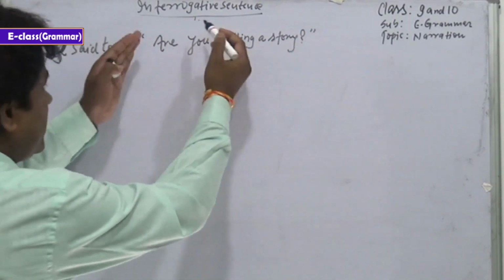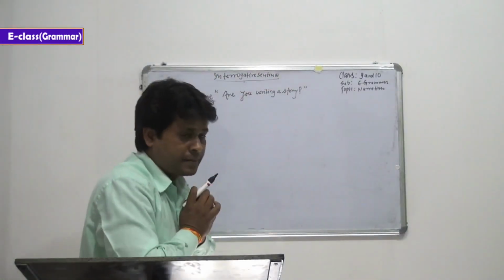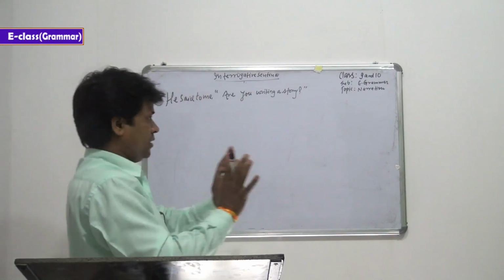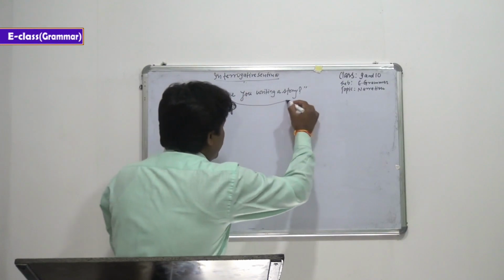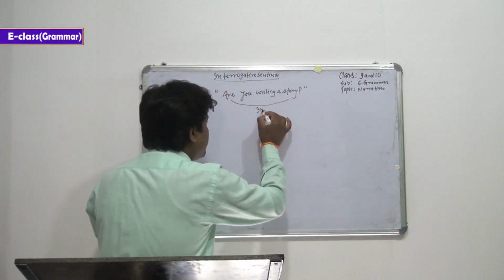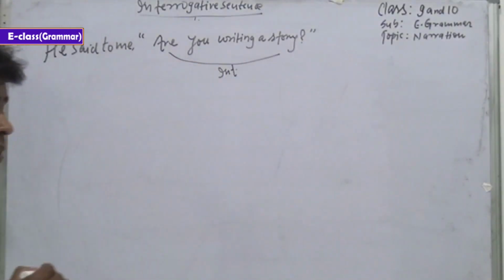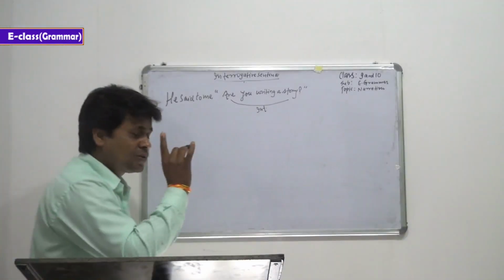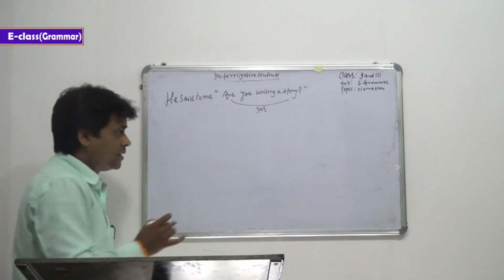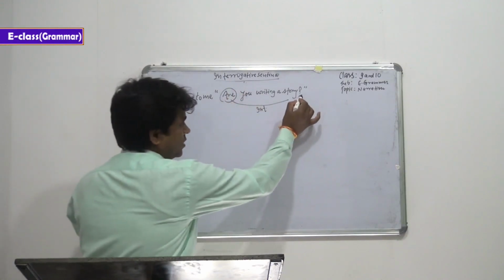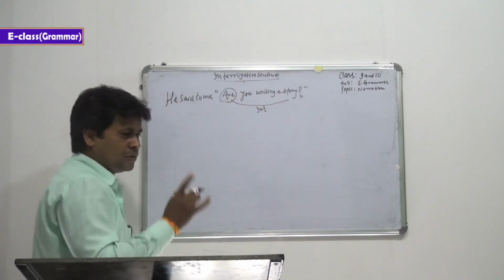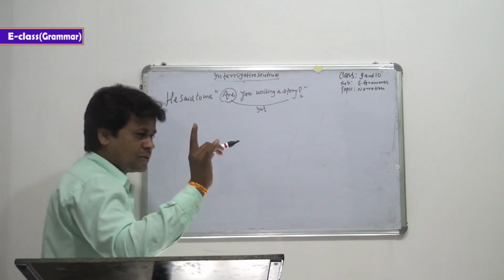Now we have to change this into indirect speech. Let's see. I will help you here. My dear students, tell me, which sentence is this? Interrogative now. It is a question. It has started with an auxiliary verb and ends with a question mark. This is an interrogative sentence.